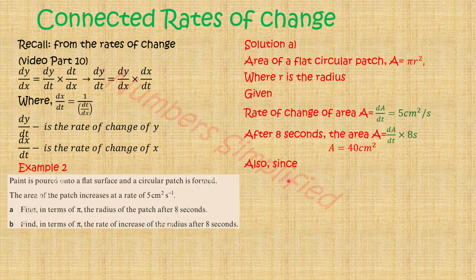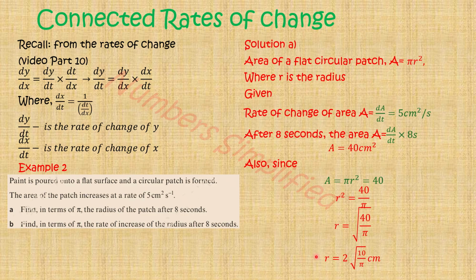Also, since A is equal to pi r squared, and that is equal to 40, we can solve for r. Firstly, we divide throughout by pi so that we get r squared as 40 divided by pi. Taking the square root on both sides, we have r being the square root of 40 divided by pi.